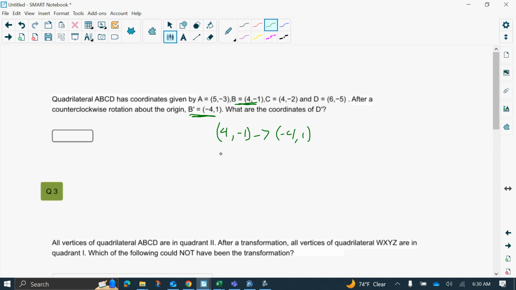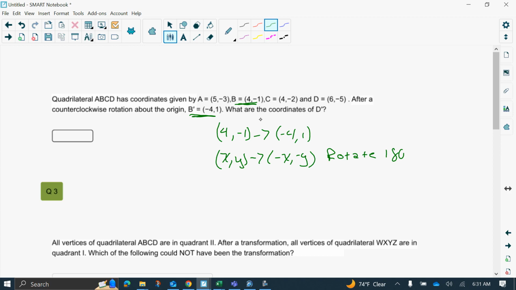Well, xy went to negative x, negative y. We changed the sign on both, but we didn't switch the order. Well, that's rotate 180.